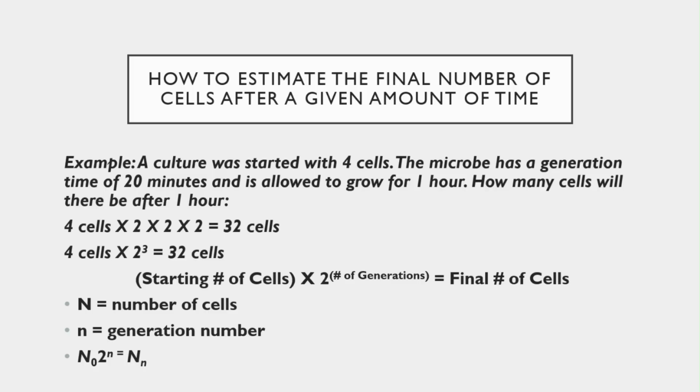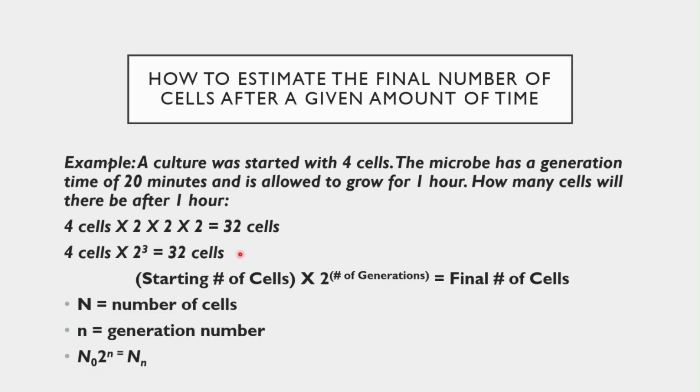So we're going to be looking at 3 generations. We can write this out as 4 cells times 2 times 2 times 2. So that's 8, 16, 32. There are 32 cells there. A better way to write this is 4 times 2 to the third, which equals 32.